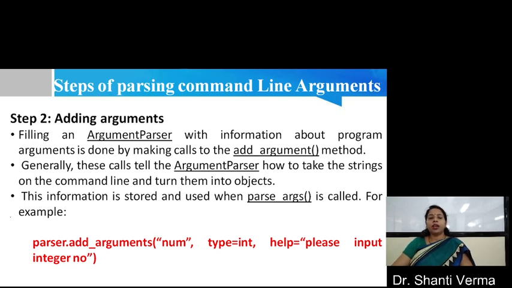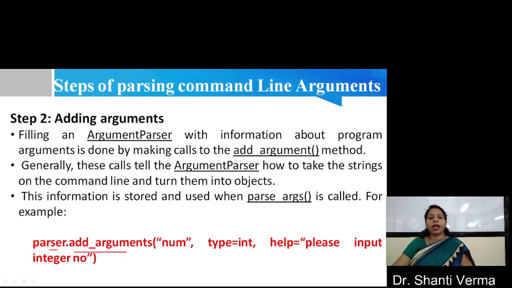The second step is adding the arguments. To add the arguments, the add_argument function is used with the parser object. Filling an ArgumentParser with information about the arguments is done by making calls to the add_argument method. This is stored and used when parse_args is called. For example, you can write parser, that is the object I created in the first step.